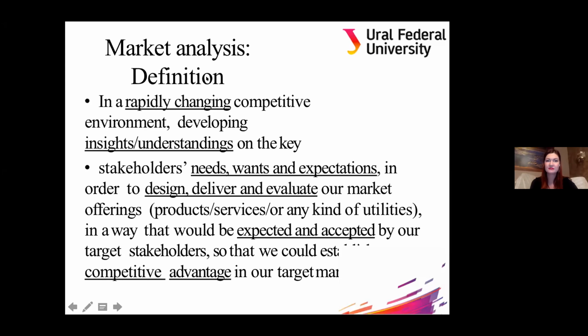Okay, government, students, right? Teachers, of course. Maybe not just teachers and lecturers, but all persons who are working in Ural Federal University. Corporate partners, of course, yes. Who else?